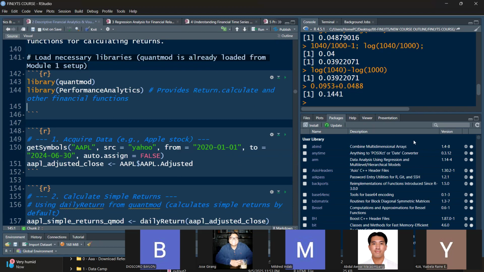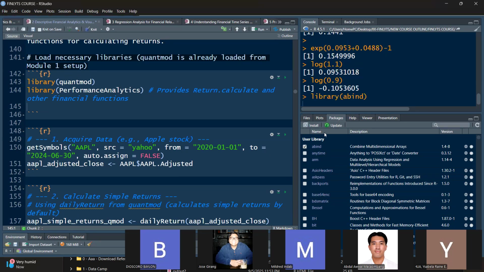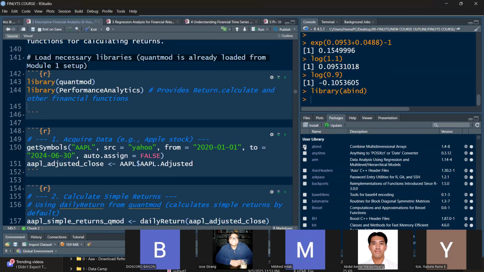When this is loaded already and you check again here, you'll notice that it's found here already, but it's not yet checked. What does that mean? Installing a package does not necessarily mean that you automatically have access to it. You have to use library. Clicking this package in the library, for example, if I click this one, see what happens, is equivalent to running library there.